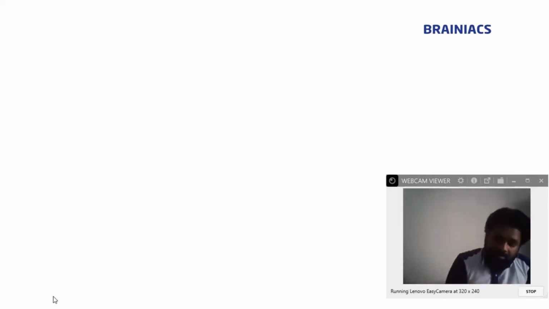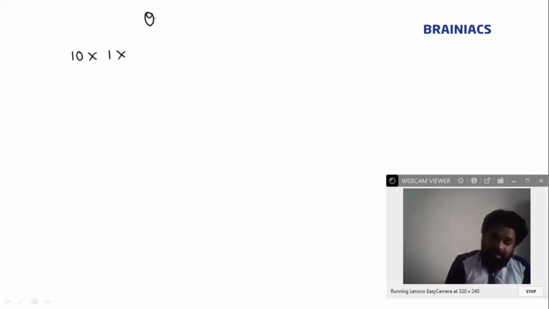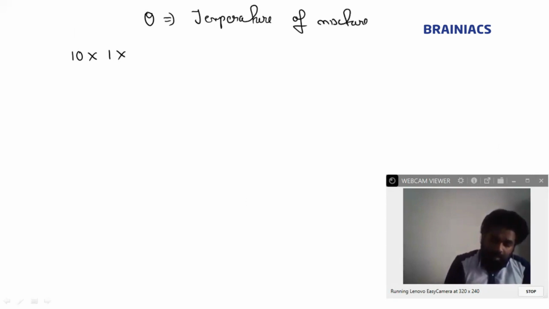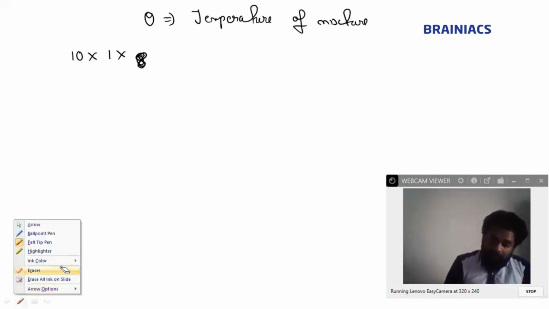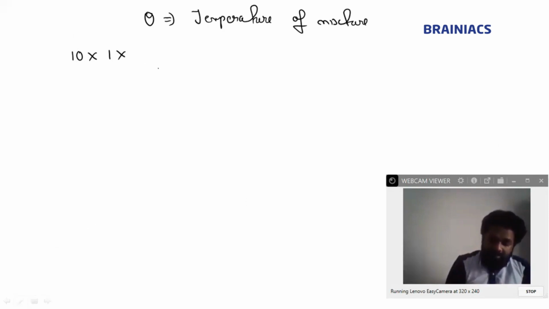So mc delta theta of the hot body: 10 into 1 into, suppose we consider theta as the temperature of mixture, then 10 into 1 into 80 minus theta, since this is the hot body. Definitely for the hot body the temperature will decrease when it releases heat.